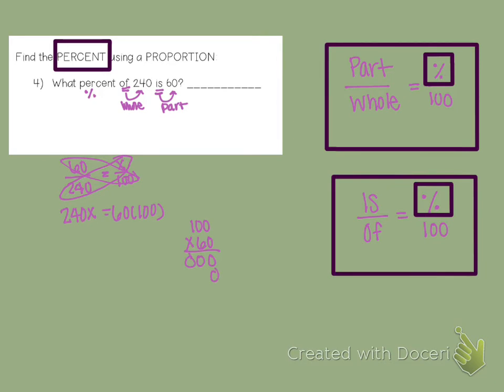We have 0 place value holder. 0 times 6 is 0, and 6 times 1 is 6. Then we add these values, and we get 240x equals 6,000. Okay, so our last step here is to divide by 240.